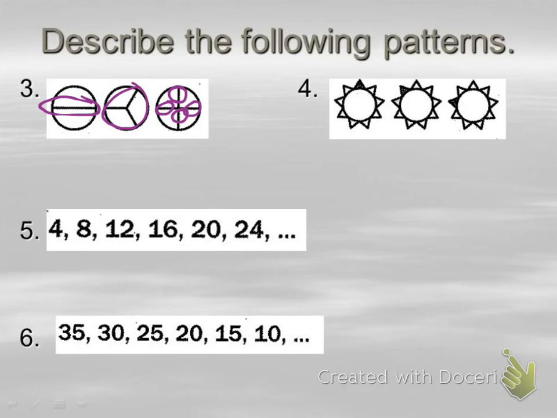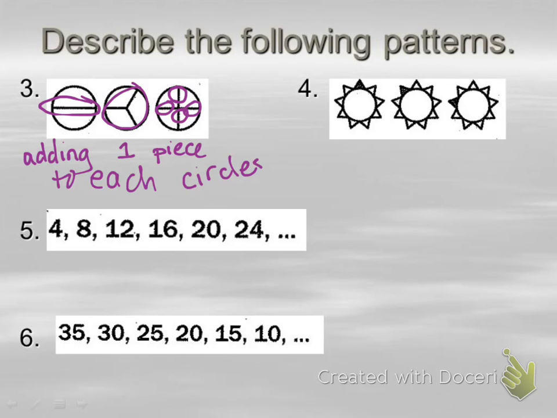So how could we say that? We are adding 1 piece to each, what are these? Circles. Good. We are adding 1 piece to each circle. Done.